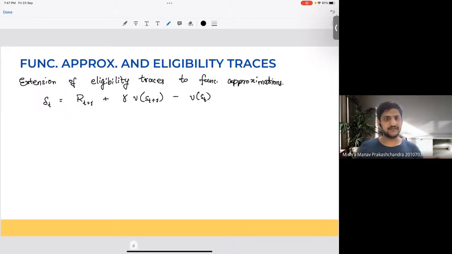Next up, since we have discussed function approximation, we look at a general way to generalize it by means of eligibility traces. So this is the TD error definition.